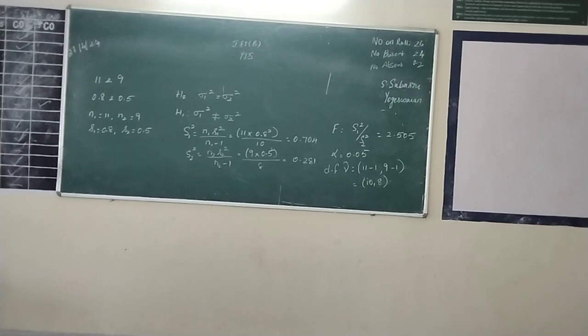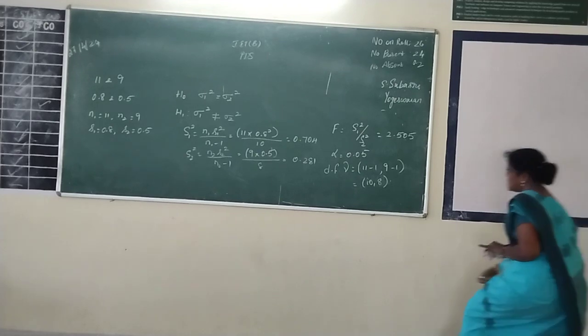What is the answer? 3.35. You have to look into the 5% table, not 1%. So the table value is equal to 3.35. Don't simply put equal to. That is wrong.